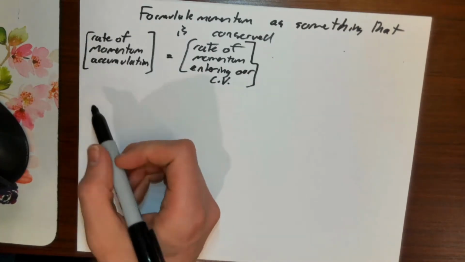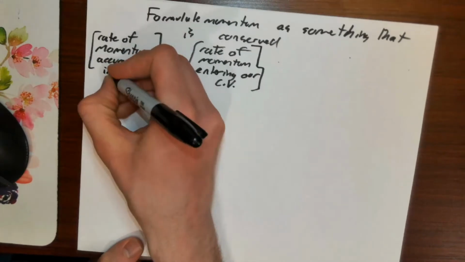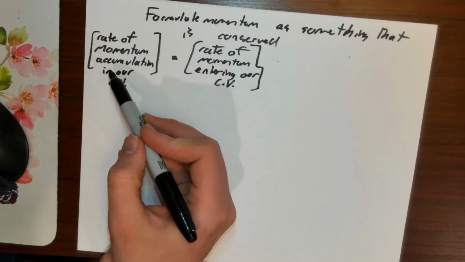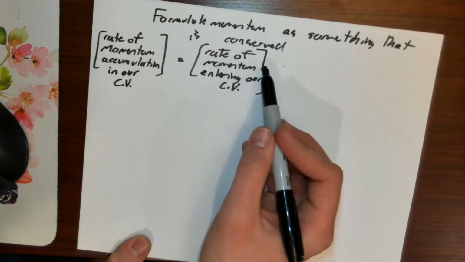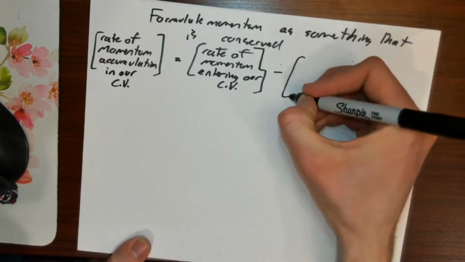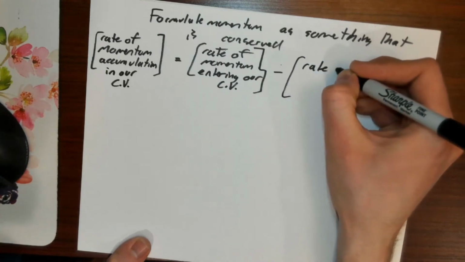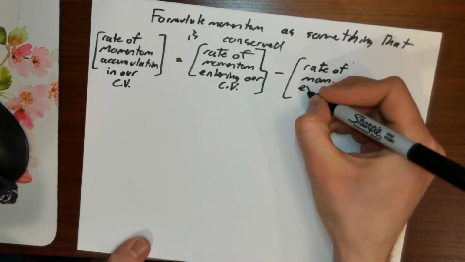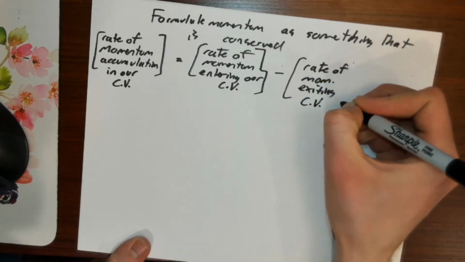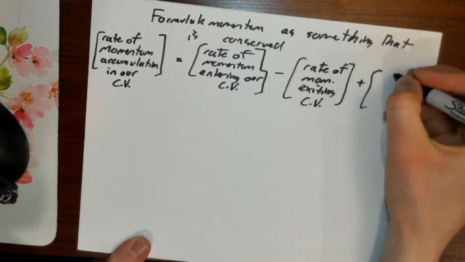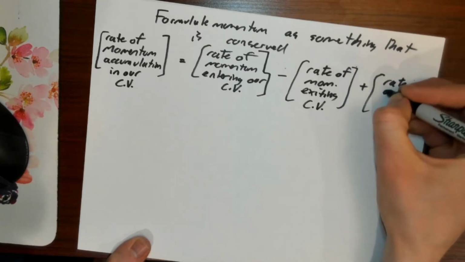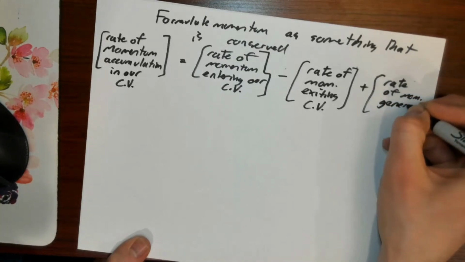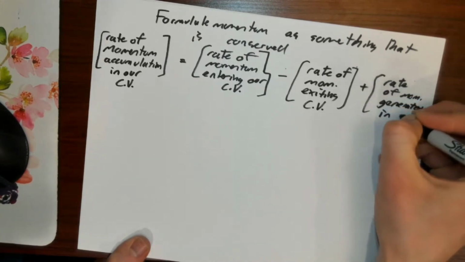So the rate of momentum accumulating in our control volume is going to be equal to the rate of momentum entering, minus the rate of momentum exiting the control volume, plus the rate of momentum being generated in our control volume.